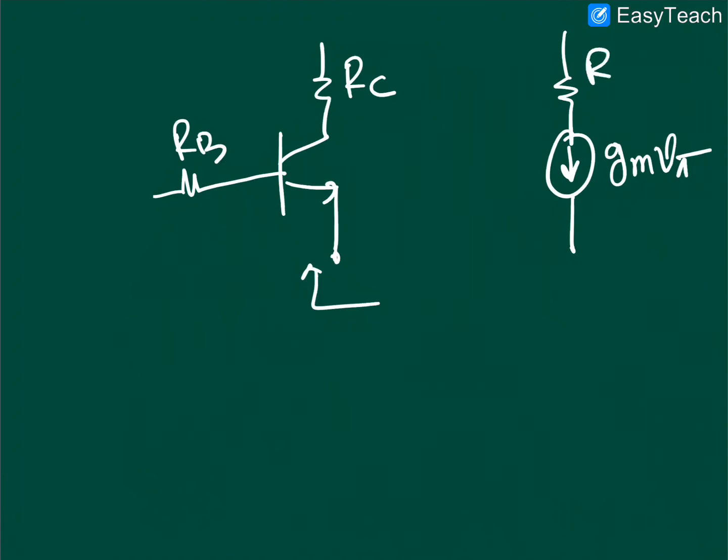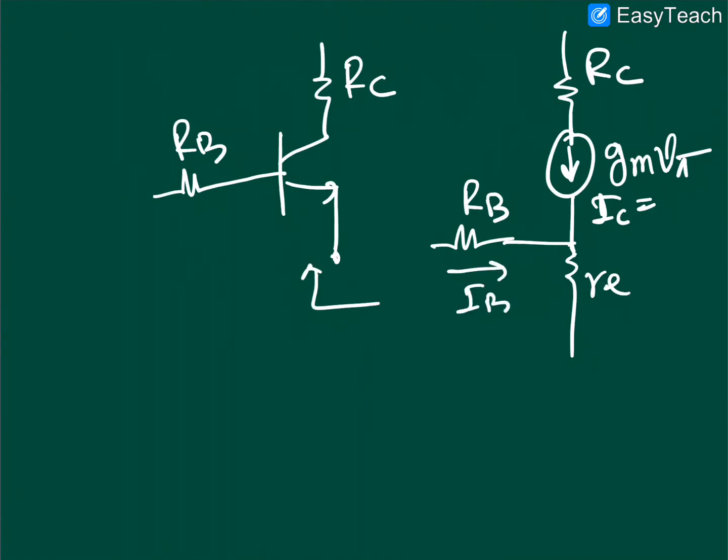So this Rc will not change this current Ic, because the value of Ic depends on V pi and gm, and you have Re and you have Rb here. So Rc is not changing your current Ic, Ib or Ie, so this is Ib and this is Ie. That is why this Rc will not affect Rx, right?